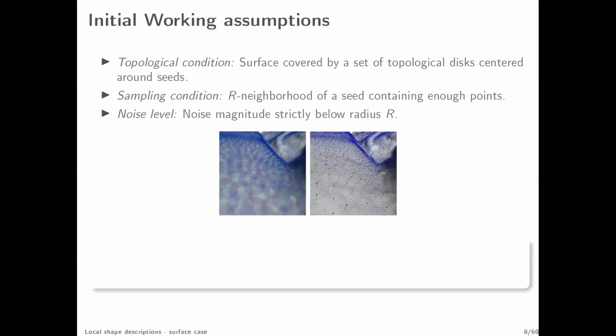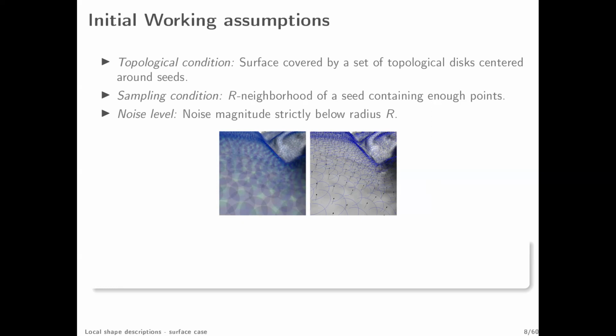It's actually just the definition of a mathematical surface. We'll also have a sampling condition. Remember, our surface is just a set of 3D points. So we'll require that the neighborhood of radius R, the radius of a small ball centered on the point, contains enough points to make some statistical analysis.